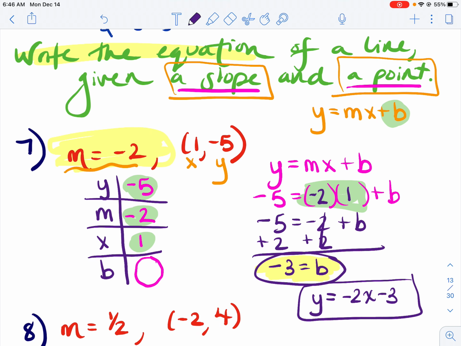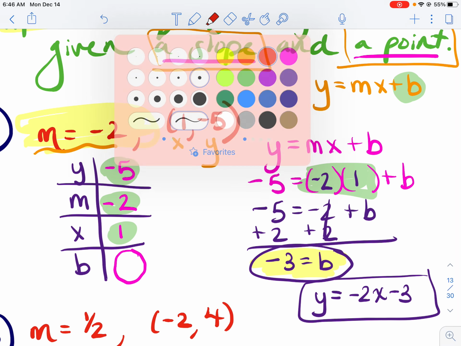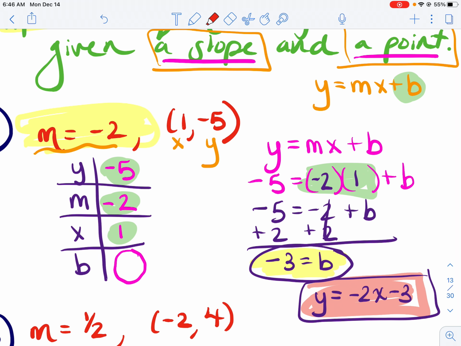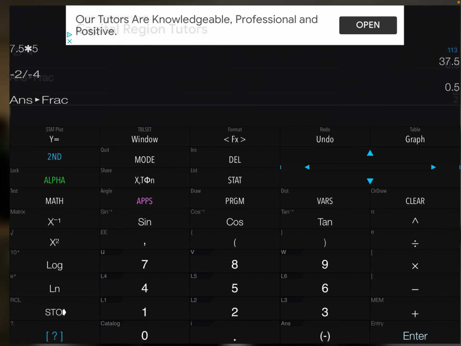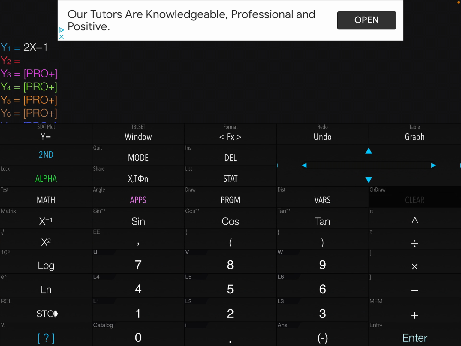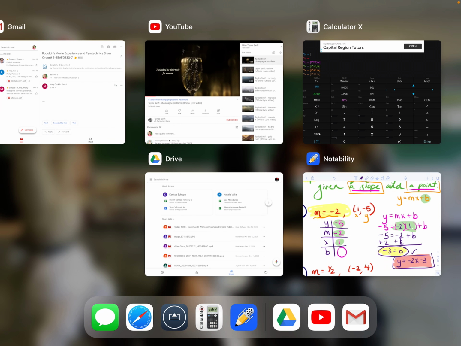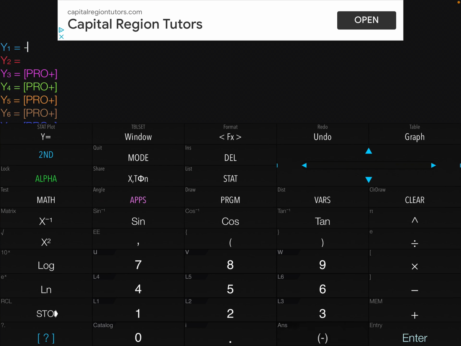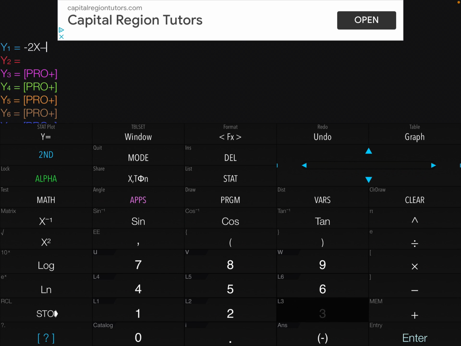I love these kinds of questions. If they come up on the regents, I get so excited because they're super easy to check. First of all, does this have a slope of -2? You betcha. Now, to check our point, I'm going to go to y equals on my graphing calculator and enter -2x minus 3.